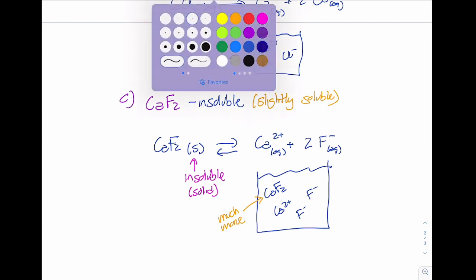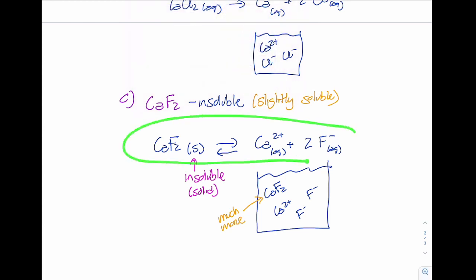So I want to look just a little bit more detail about this part. Because it does exist at equilibrium, we can write an equilibrium constant expression for this.